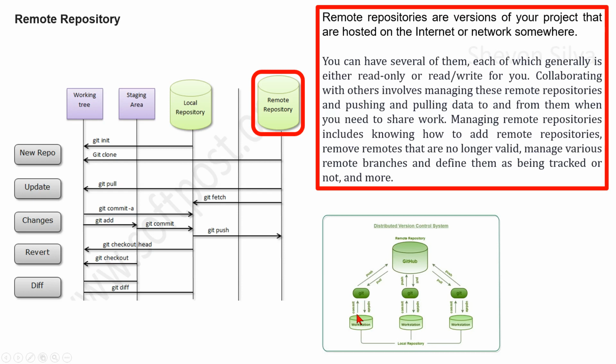Commit is passed from workstation to Git, push is passed from Git to GitHub, and pull is passed from GitHub to Git, and the updation is there. The same flow repeats for the other workstations: commit is passed from workstation to Git, push from Git to GitHub, and pull from GitHub to Git.